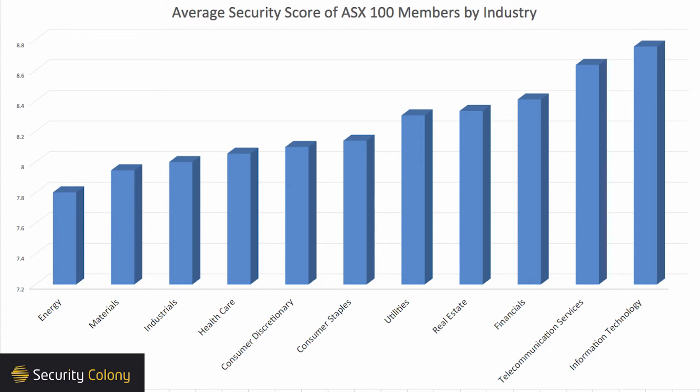And those with the lowest scores are in mining, energy, industrials, and also, perhaps surprisingly, healthcare. But what we've found is that largely correlates with our experience in the market and what you'd expect to see from those organizations based on how much investment they've put into cybersecurity and their focus on it over many years. So those results gave us quite a lot of confidence that the output that the vendor risk assessment tool is creating provides a genuinely accurate view of cybersecurity maturity for organizations.